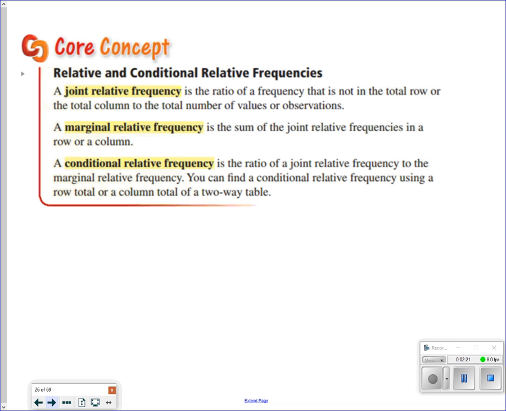Marginal relative frequency is the sum of the joint frequencies. A conditional relative frequency is the ratio of the joint relative frequency to the marginal. You can find the conditional relative frequency using the row total or the column total of a two-way table.